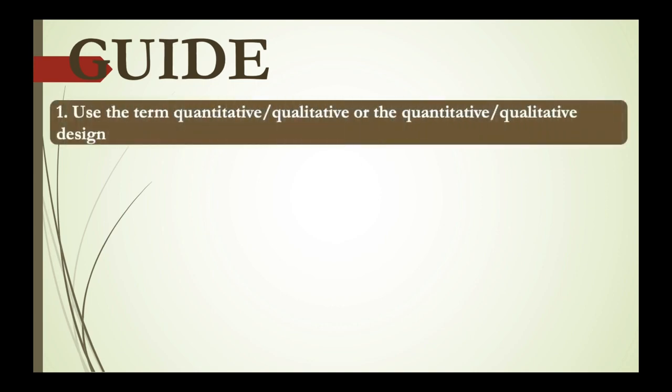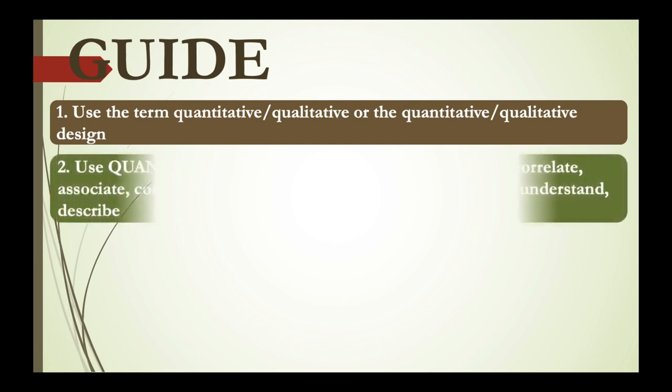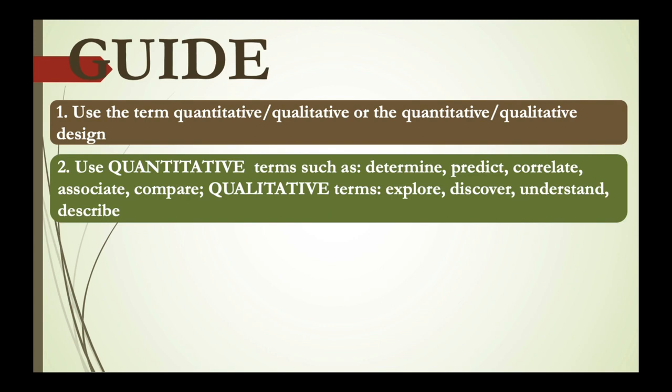So I will show you now a sample guide in developing your purpose statement. The first cue: use the term quantitative or qualitative. Number 2, use quantitative terms such as determine, predict, correlate, associate, or compare. If you are doing a qualitative type of research, you may use these words: explore, discover, understand, and describe.